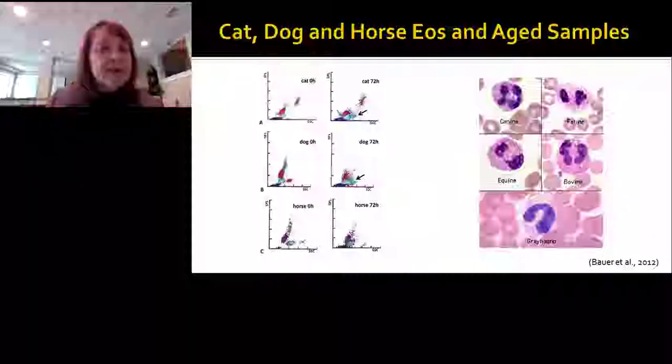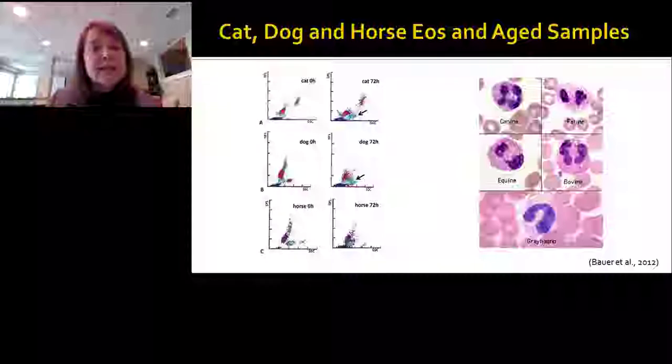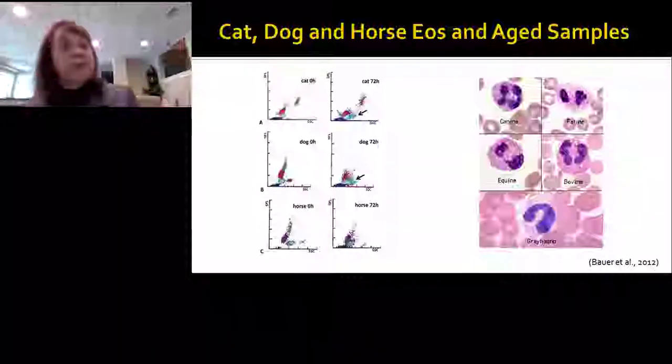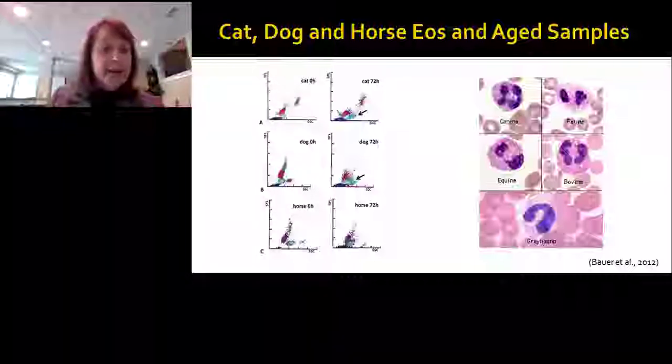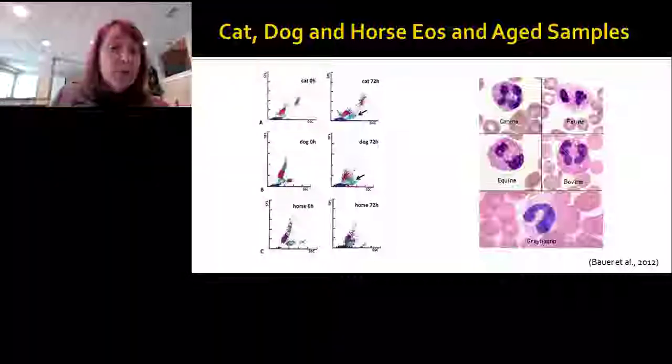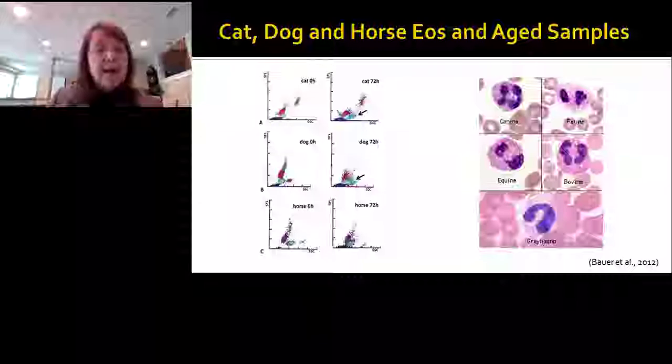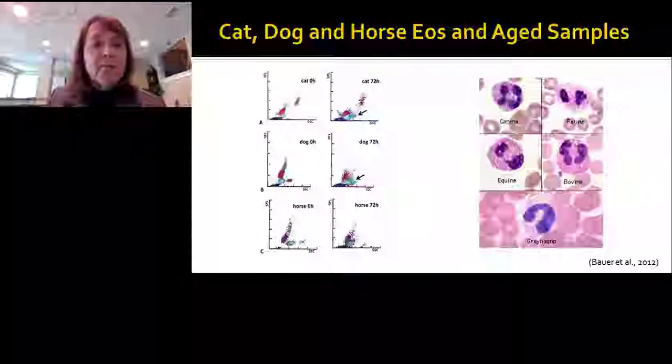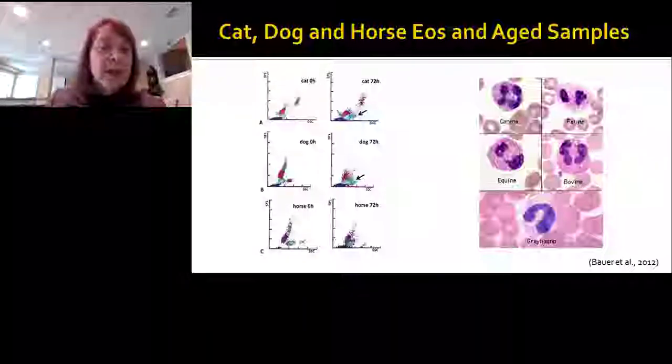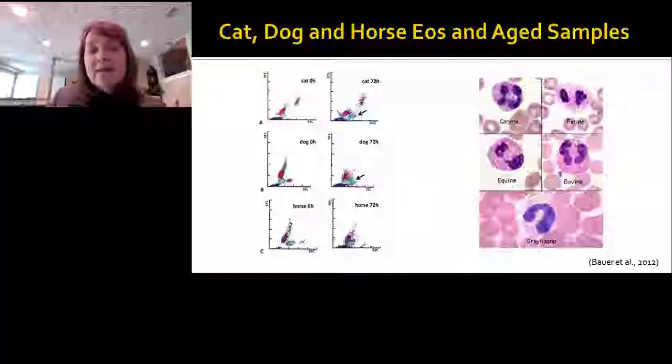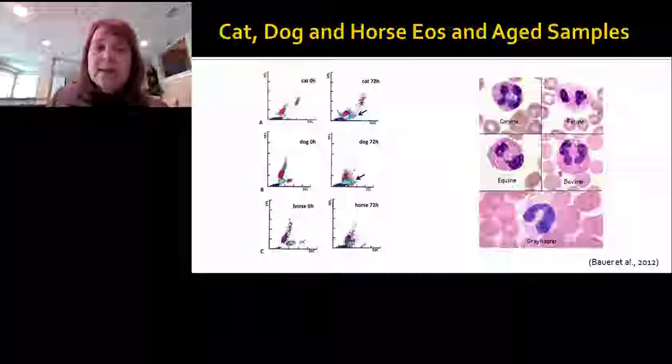So the important message here is, if you look at anything at 72 hours, you lose the distinct separation of population. Most important, whether a human or a veterinary sample, is actually the appropriateness of your sample, so the age of your sample and the viability of your cells. Once you pass that, as I've commented before, not all species are going to look absolutely identical.